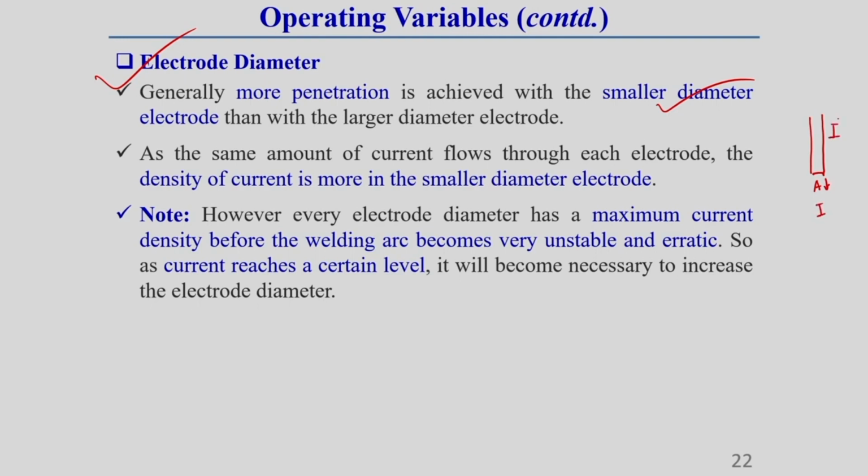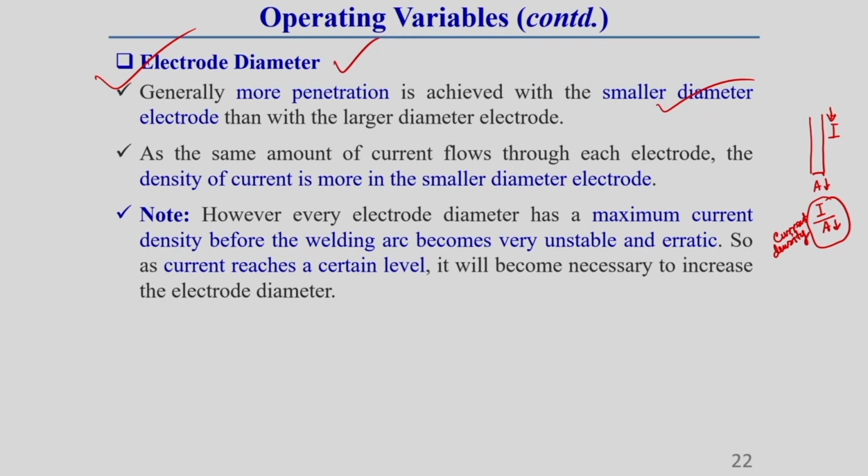If the same current is flowing through this electrode and the area is less, the current density will increase. And the higher the current density, the better the penetration, as you know. That is why a smaller diameter electrode provides more penetration than a larger diameter electrode.